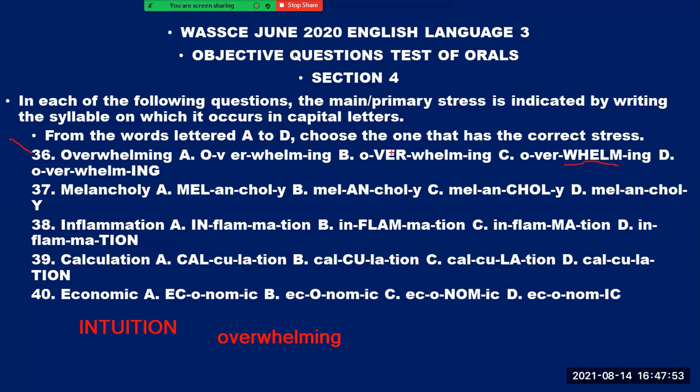So stress is always on well, all right? So this is exactly the way it is. Then option D is out of it, overwhelming. So you can't even stress that ing. So the actual correct option is C, but you can see that we relied on the use of intuition.